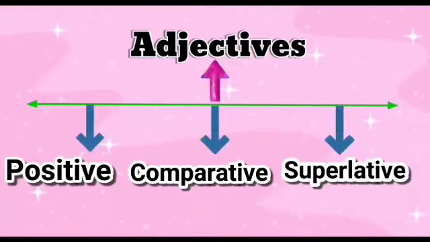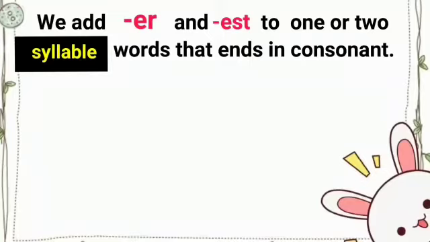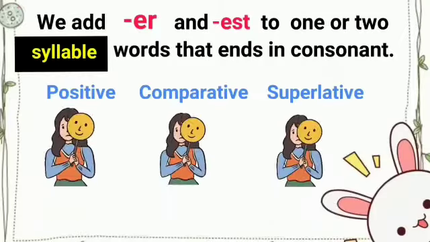Now, children, here are some rules by which you will get to know how to change adjectives into comparative and superlative. Now, children, we add er and est to words of one or two syllables that end in a consonant. A syllable is a word or part of a word which contains one vowel sound. For example, dull.